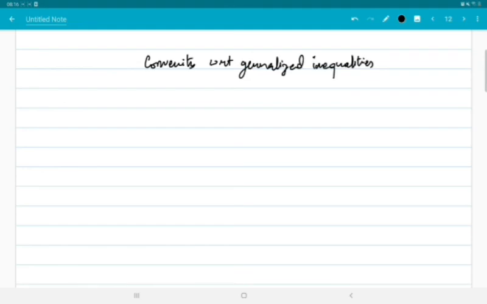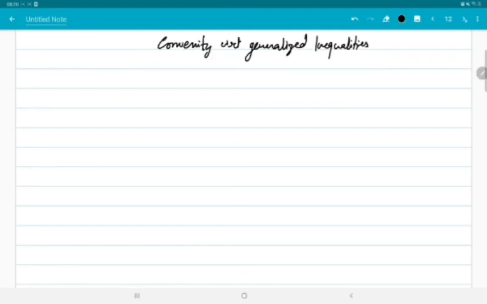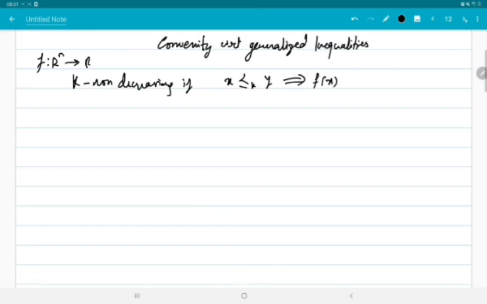A function from Rn to R is called K non-decreasing if, when x and y are ordered in this fashion with respect to K, f of x is less than or equal to f of y.